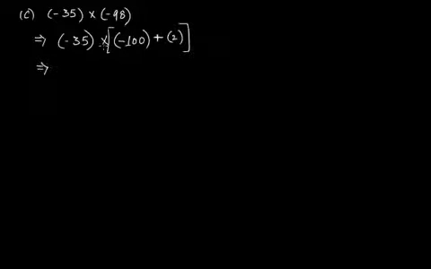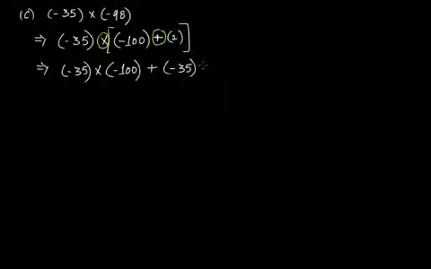And then using the distributive property of multiplication over subtraction or over addition, this will give you minus 35 times minus 100. Then you have this plus sign here, and then you have minus 35 times 2.